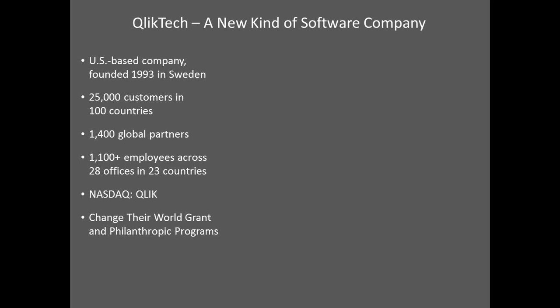Talking about customers, they have 25,000 customers, and this is a slightly outdated figure. I'm sure that number has reached 30,000 now. So they have 25 to 30,000 customers in 100 countries. That's a big number. QlikView differentiates itself from competitors like Cognos and Business Objects by the number of customers. What does this mean?